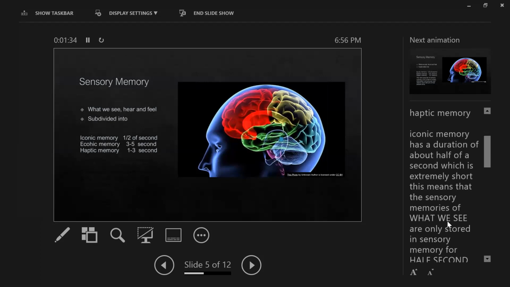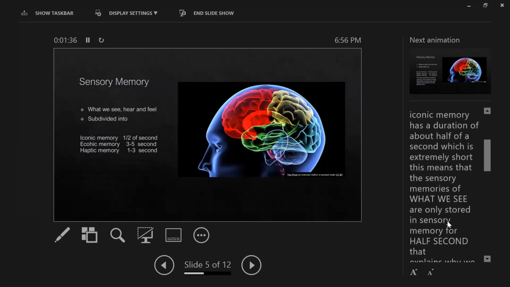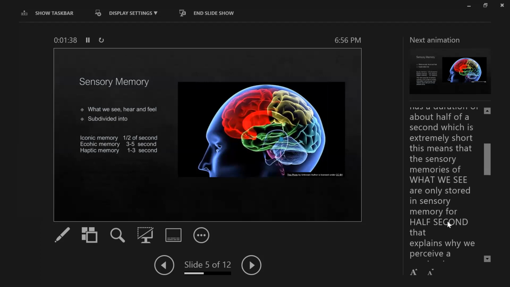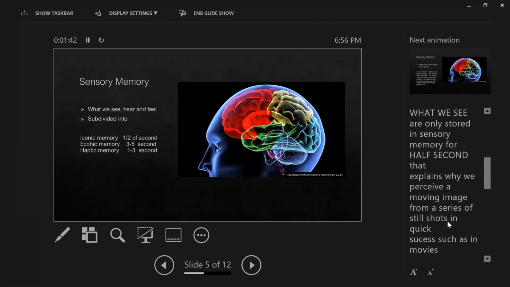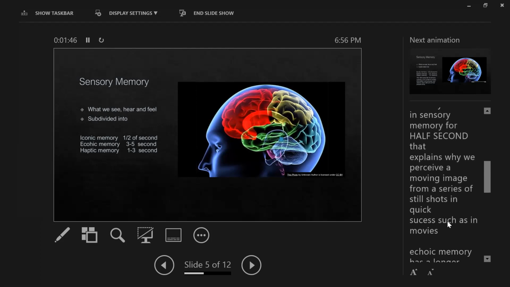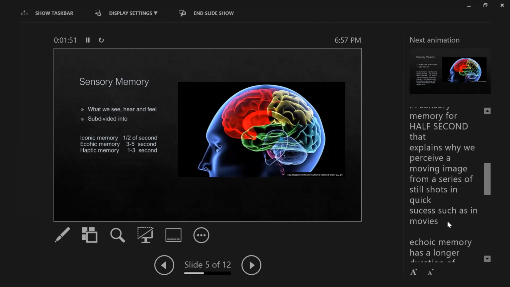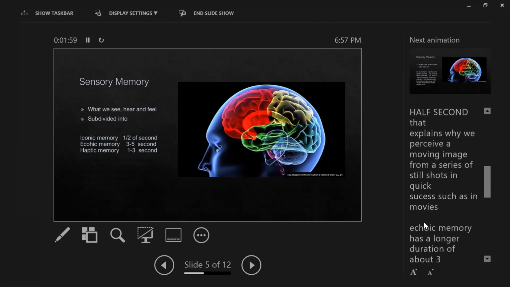What we see is stored in our sensory memory for half a second, which explains how a series of screenshots that we see in quick succession, such as in movies, when joined together, our eyes read as a memory, as a movie.